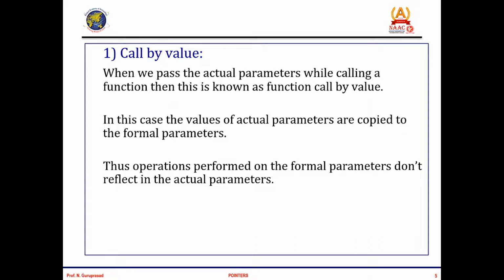Okay, so that is what you mean by call by value, where the operations performed on the formal parameters do not reflect in the actual parameters. So let us try to understand this call by value with the help of a code.